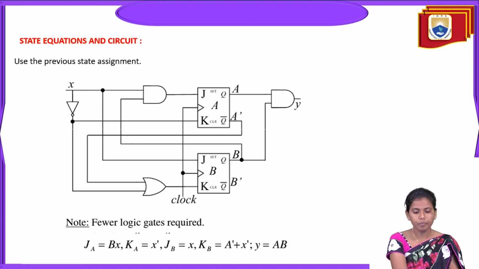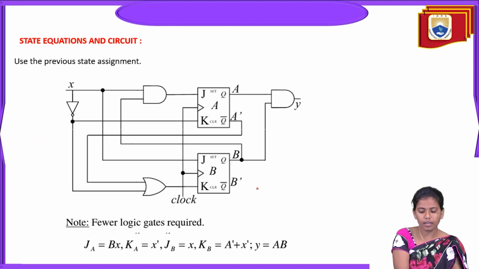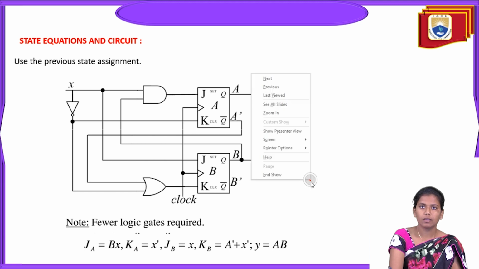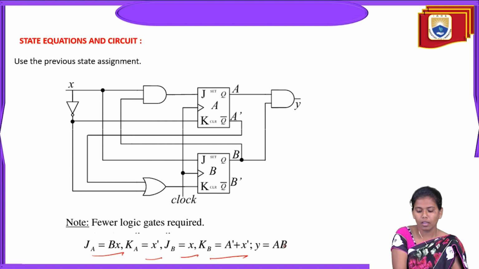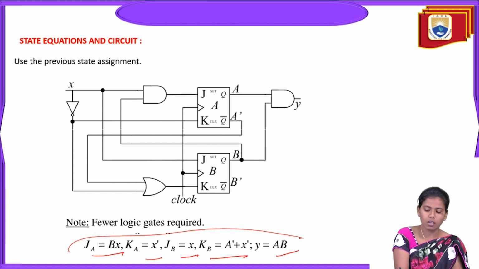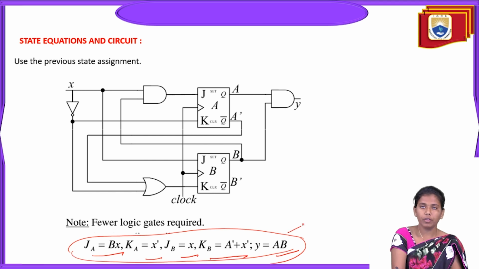Okay, so here if you see we got the expressions as JA is BX, KA is X bar, JB is X, and KB is A bar plus X bar, and Y is equals to AB. So from these equations, we are able to draw the circuit diagram.